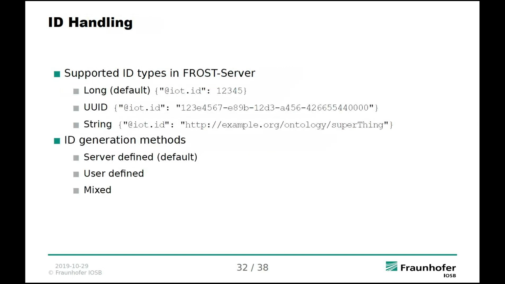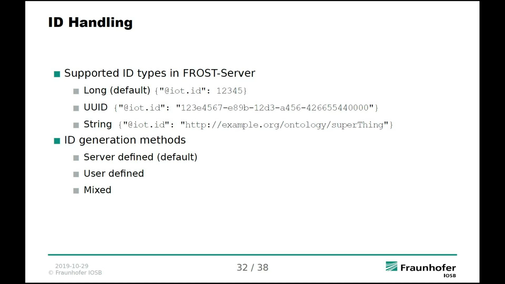Okay. We added additional functionality for ID handling. So IDs, it's not exactly clear how IDs should look like in the standard. So we thought, okay, there might be multiple logical implementations, for example, long values or UUIDs or strings. And the ID generation method is quite clear in the standard.